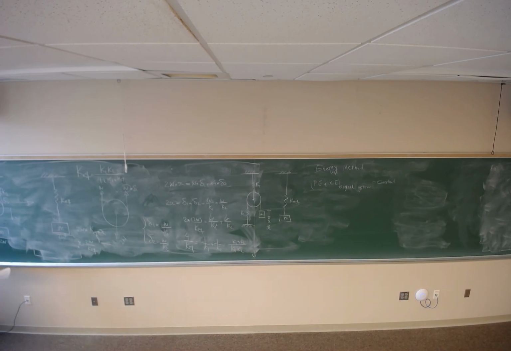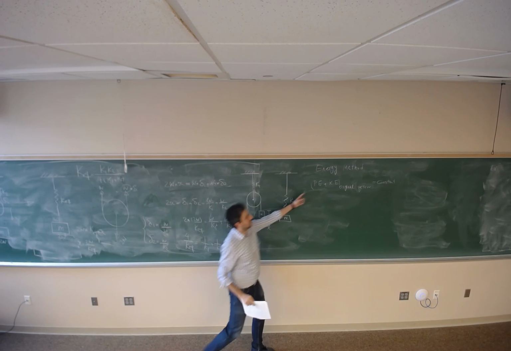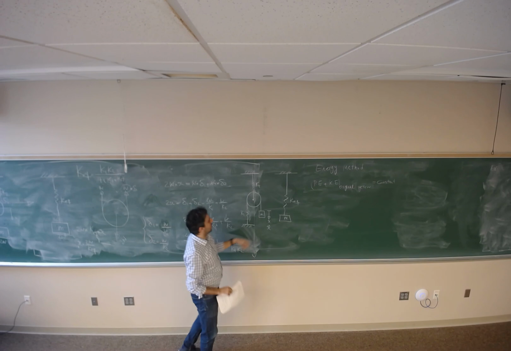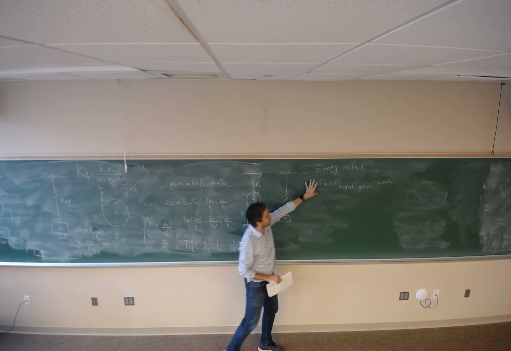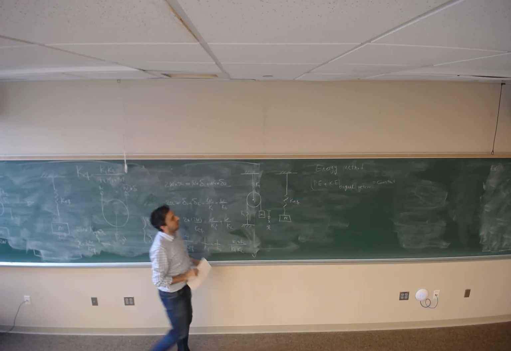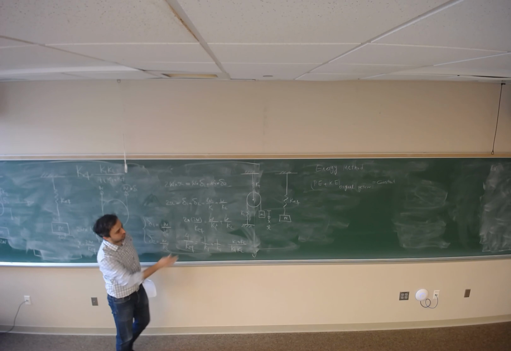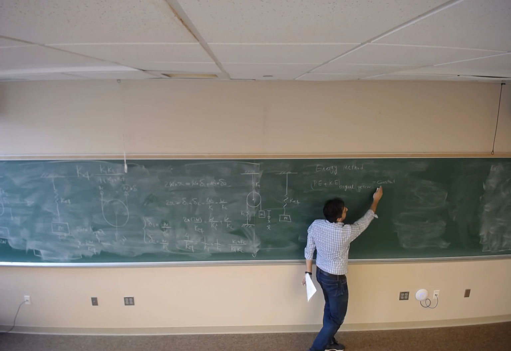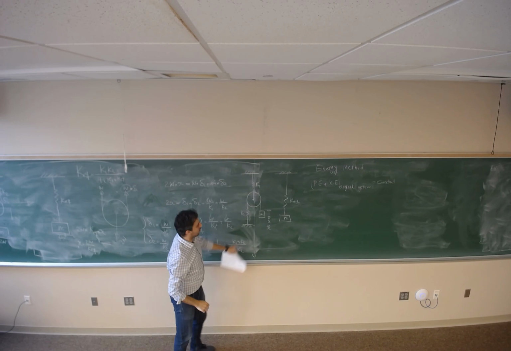So we don't have any damping on the system. Potential energy plus kinetic energy of the original system is going to be constant. We differentiate that, set it equal to 0, and derive the equation of motion for this.